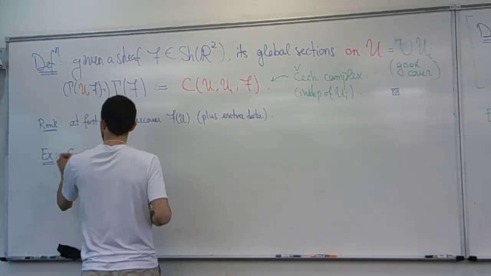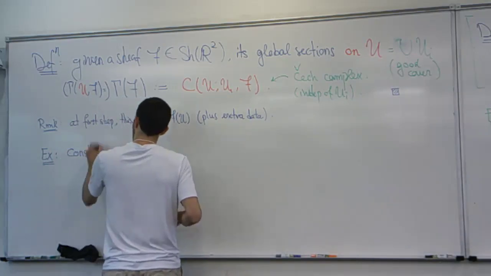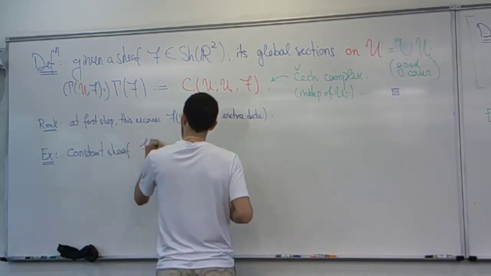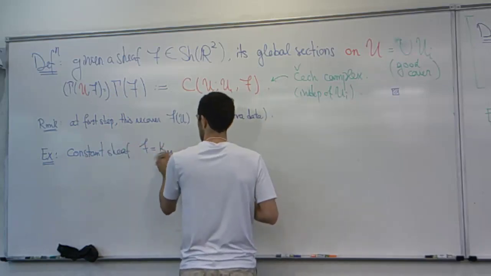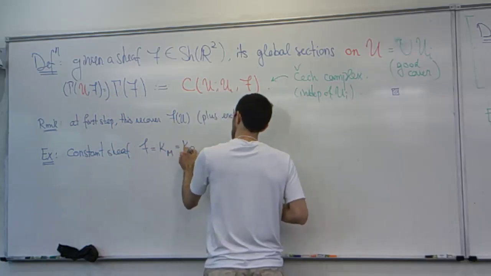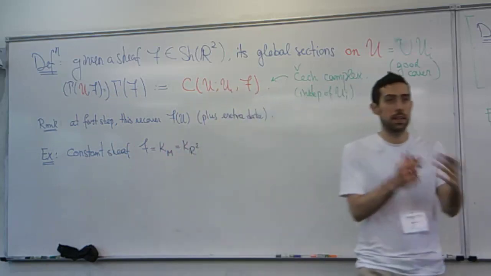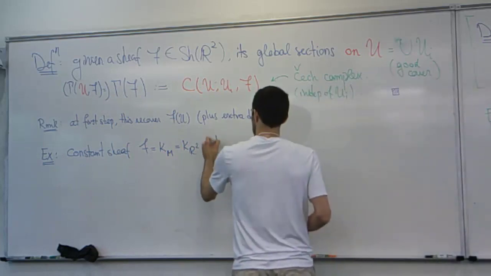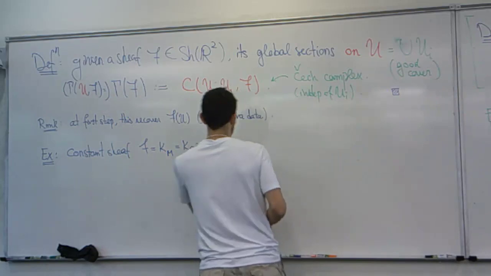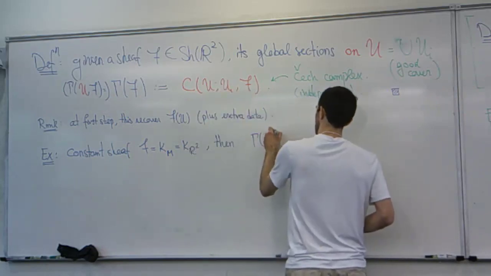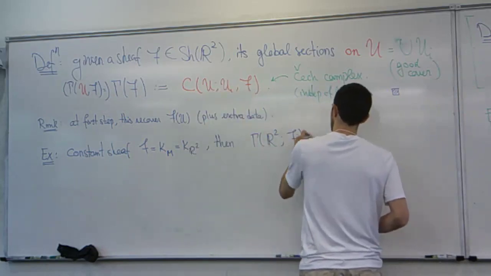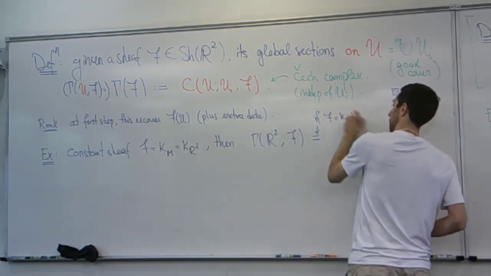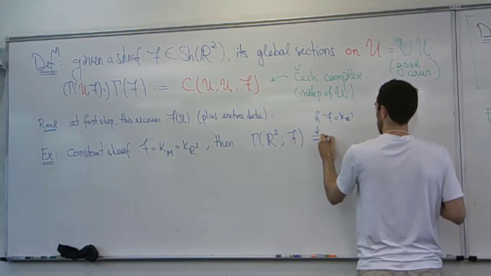So you have the constant sheaf. Let's say K is a field, so constant sheaf F equals K. Sometimes it's denoted K sub M if you're in a manifold M. In our case, M is R2. So that's a sheaf that literally for every open set assigns a constant vector space, and you have identity maps in between. Then its global sections, gamma of R2 of the constant sheaf on M, is just the homology of R2, or the Čech complex.